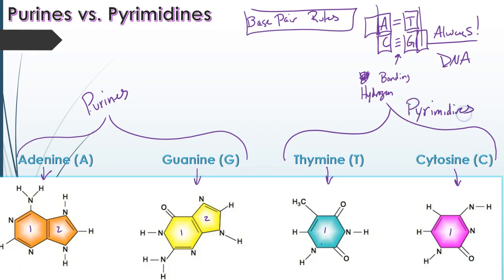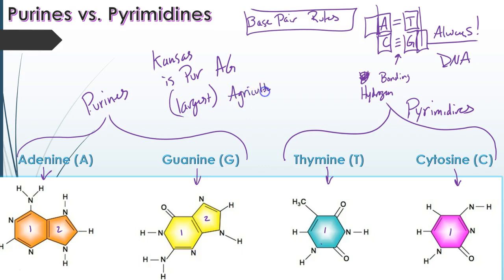Okay, so it's kind of tricky at times to remember purines and pyrimidines. I mean, they both start with a P, they both end in ES, they both sound very similar to each other, but purines, the way I remember it, because we're here in Kansas, is that Kansas is pure ag. Okay, what is the largest industry in Kansas?